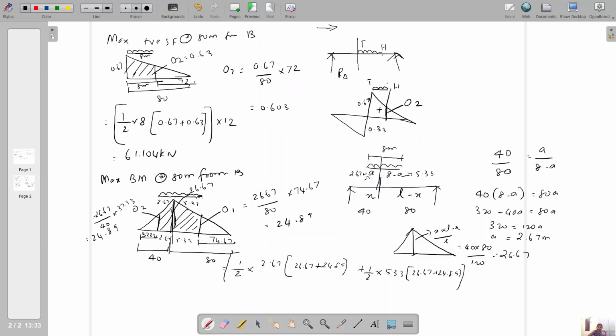So this is the area under ILD, into 12. So you will get 68.8 plus 137.4, into 12, which is equal to 2474.4 kilonewton meter. So this is the maximum bending moment at the given section.